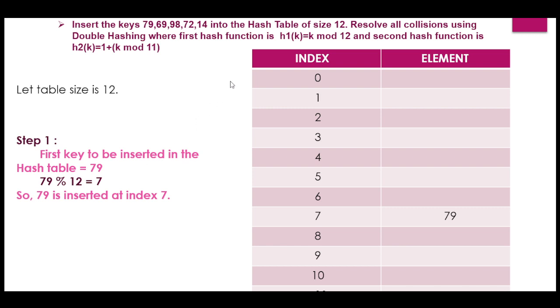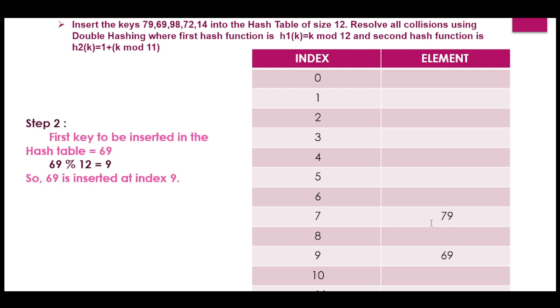So the first key to be inserted in the hash table is 79. 79 mod 12 is 7. So in index 7 we can insert 79 happily. Next key to be inserted is 69. 69 mod 12 is 9.